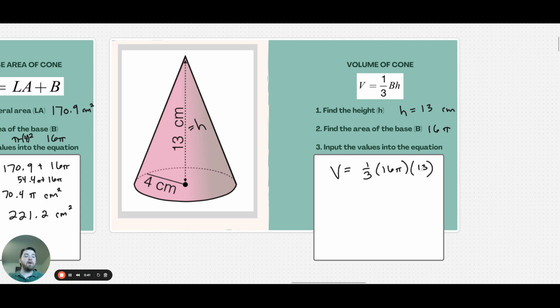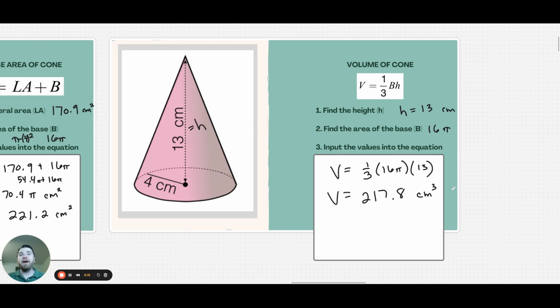And so if I plug all of that into my calculator, I would get 1/3 times 16 pi times 13. And it comes out to be 217.82. So 217.8. And volume is going to be in cubic terms. So it would be 217.8 cubic centimeters.